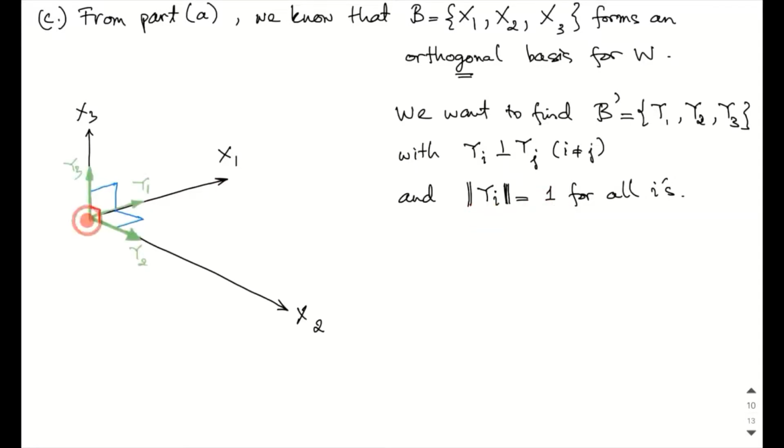If you want to get the unit vector here, you only need to scale vector x1 back to a vector of length 1. In other words, you only need to divide the vector x1 by its length. Remember, the length of x1 is just the square root of x1 dot x1, so we take 1 over that and scalar multiply with vector x1.